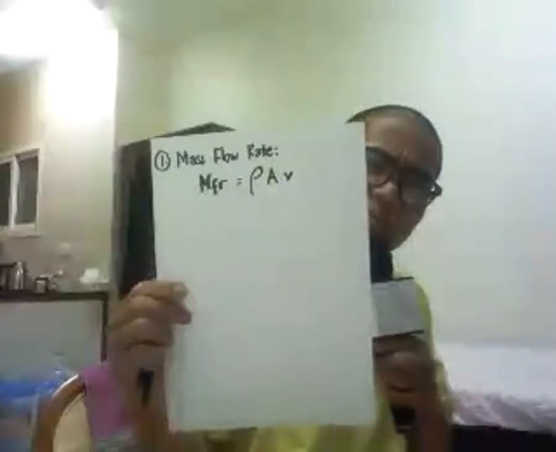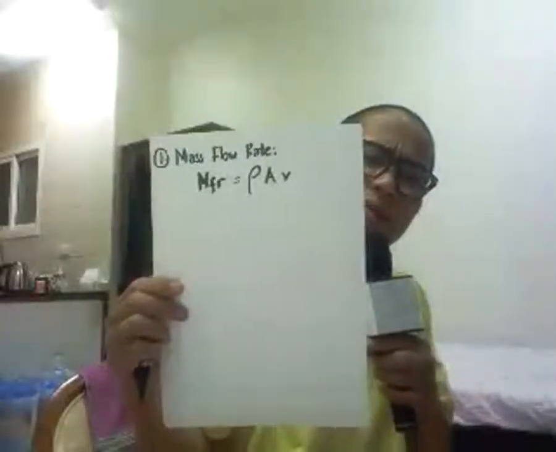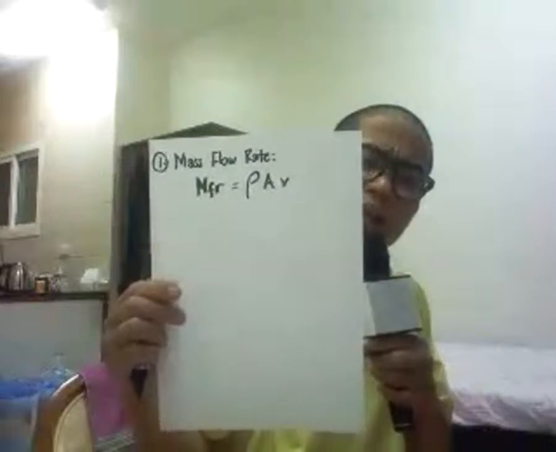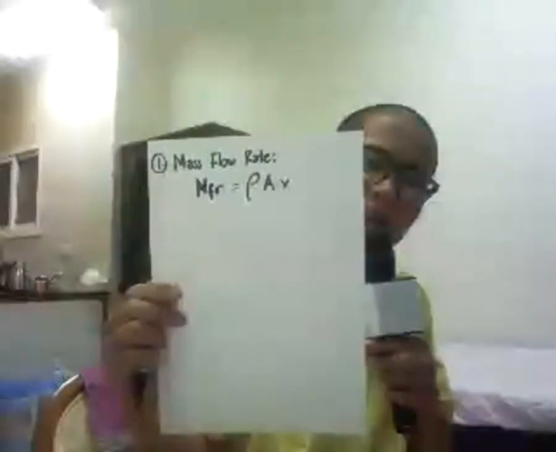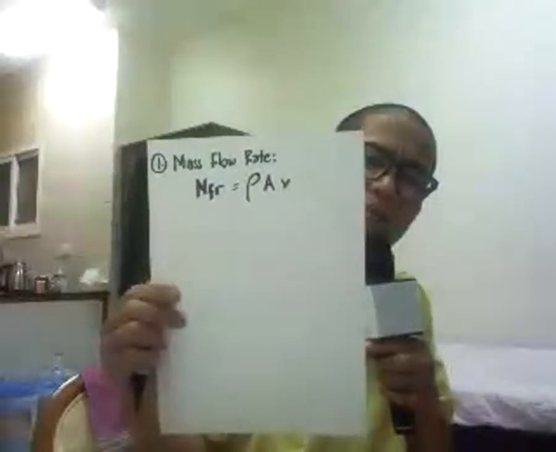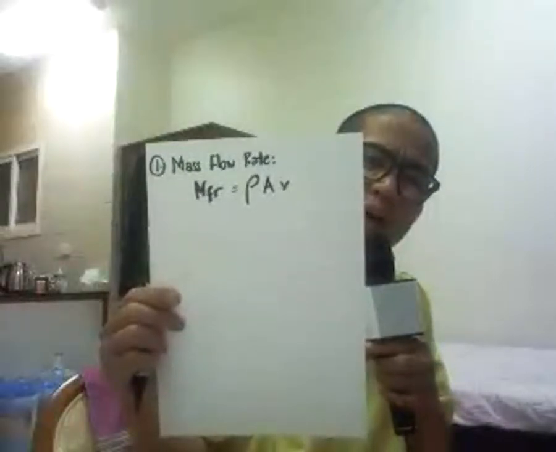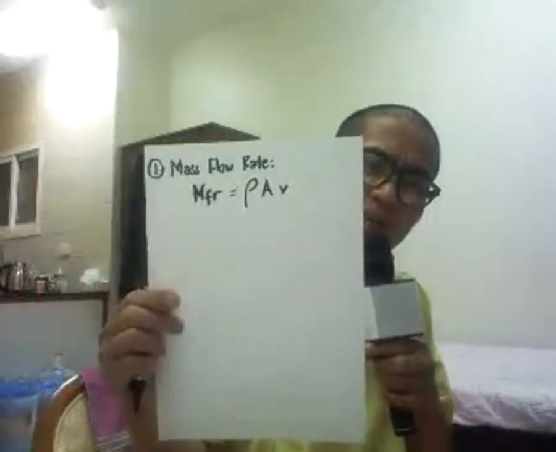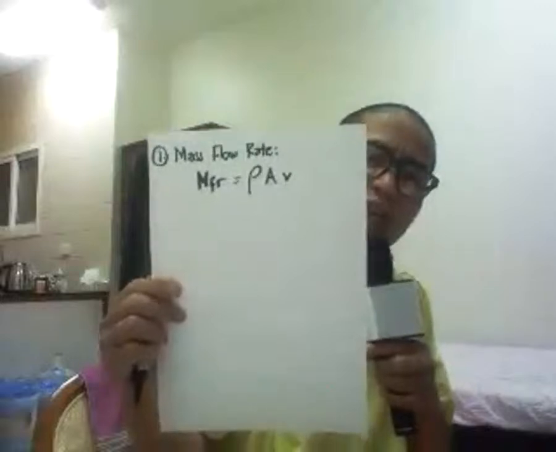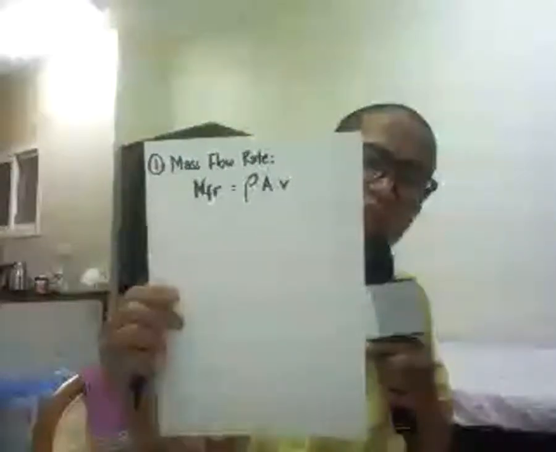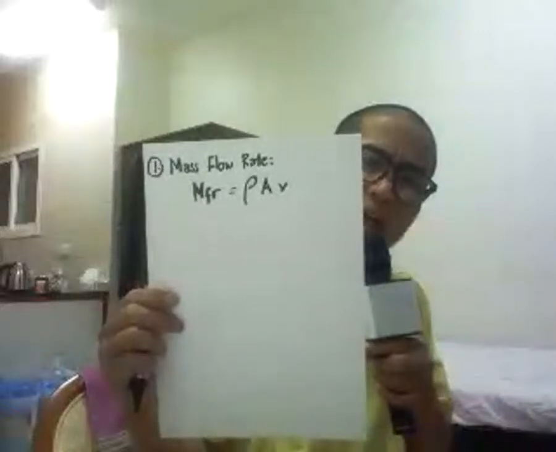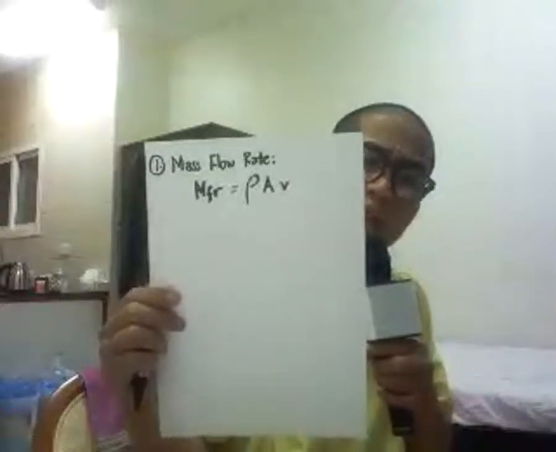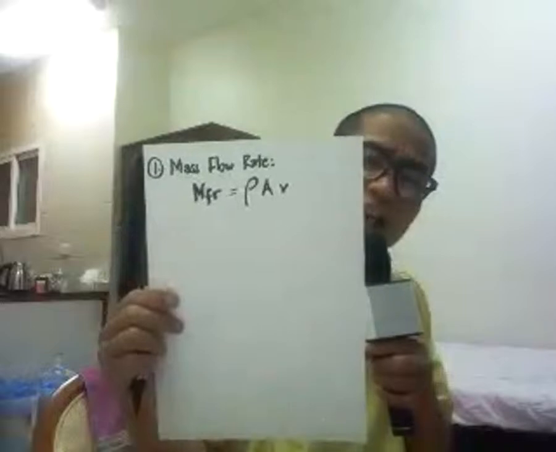But if the fluid is water, it is understood to have a standard density of 1,000 kilogram per cubic meter, 1 gram per ml, and 1 gram per cc or cubic centimeter at 4 degrees Celsius. Normally, the problem will not mention this. We just state water flowing to so and so, so you will use directly the standard density value.